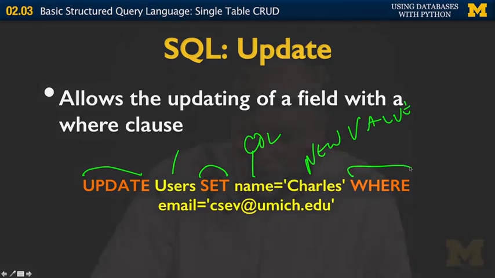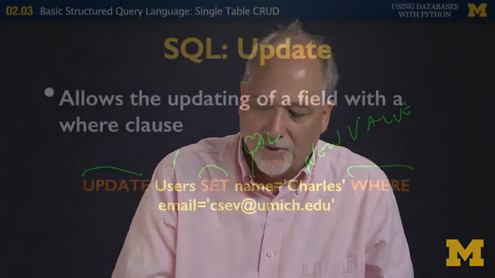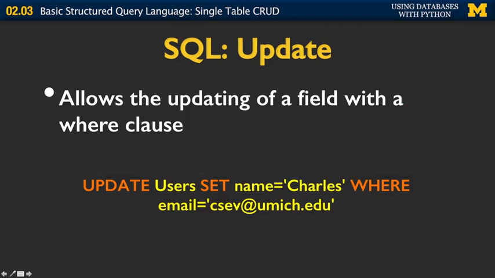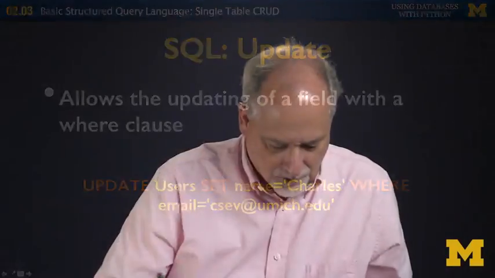The where clause is important because without the where clause, it would do it for all of the rows, so the where clause reduces the rows. So we have a where clause here that says where email equals csev@umich.edu. So what we're really saying is go find the rows that have that true and change the column named name to be Charles.